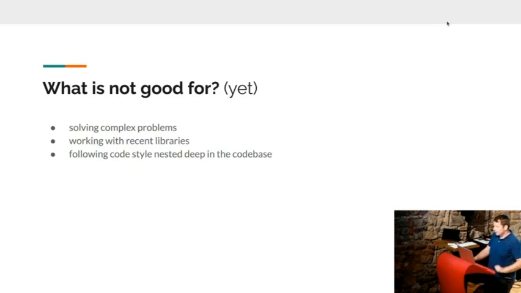That said, following code style is kind of limited now, because it uses neighboring tabs, which I didn't explain earlier, so I can do it now. Imagine that you have a couple of tabs open in your editor, and it should use those tabs to produce that context for the large language model. But it doesn't use all of them.